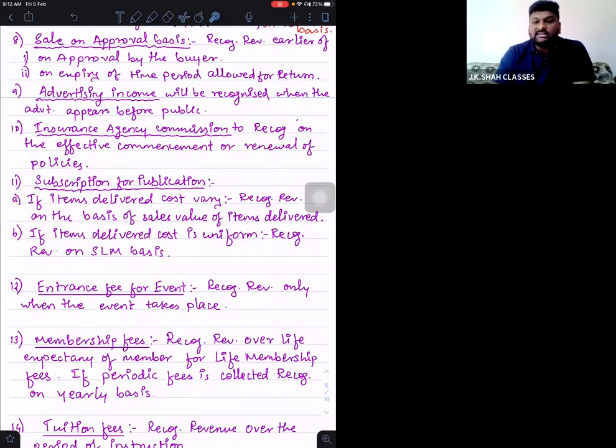Sir, the event organizer will record the revenue when the event takes place. So when Vijay comes and dances in front of you, after that the event organizer can recognize the revenue. But if Vijay is stuck in Chennai traffic, says I am not able to reach, it is full traffic, and the event gets cancelled, revenue cannot be recognized; rather, you have to refund the entire money to the crowd. Right? So simple logic, entrance fees for an event will be recognized only when the event takes place.